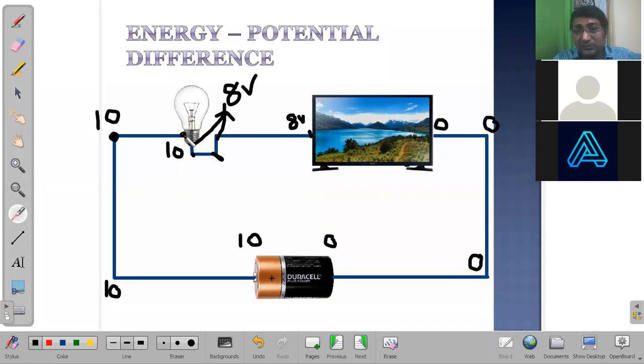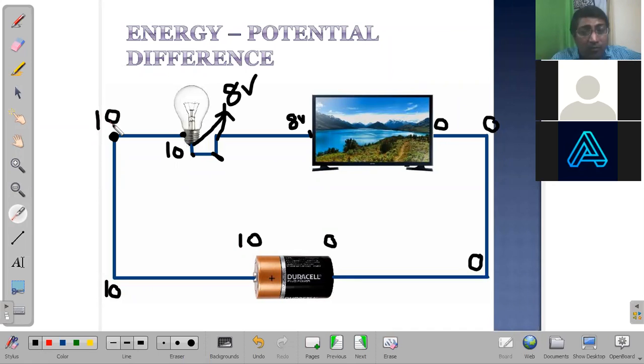The potential difference between the ends of the bulb is 2 volts. Okay. The sum of the potential differences is actually the energy supplied by this battery. 8 volts plus 2 volts is 10 volts. But in reality, here it could be 9.99, 9.98 at the top, something like that. There will be a little bit of difference. But we try to simplify by making certain assumptions.